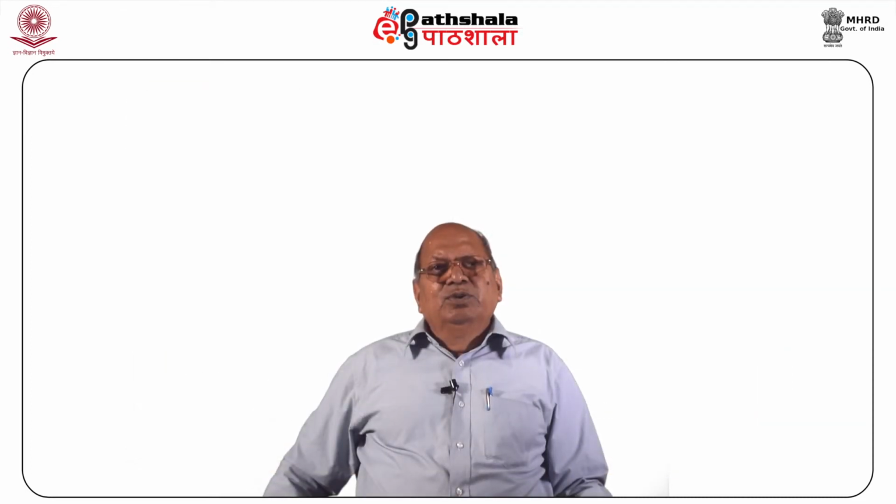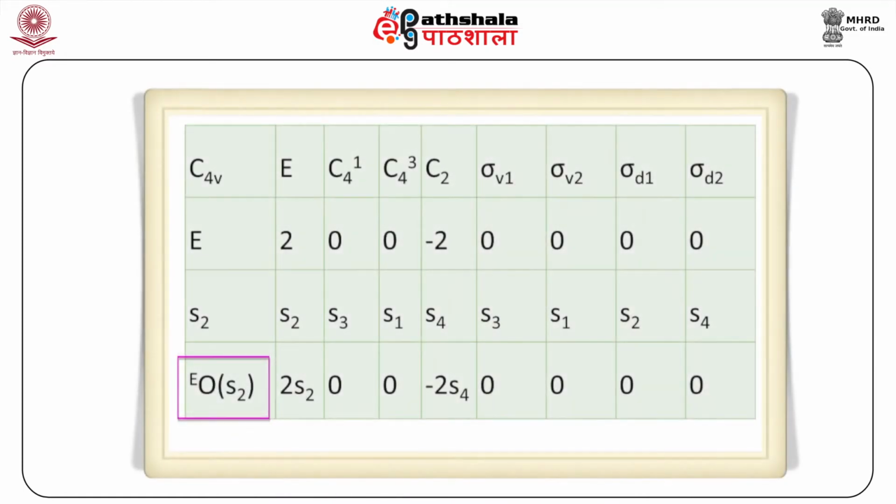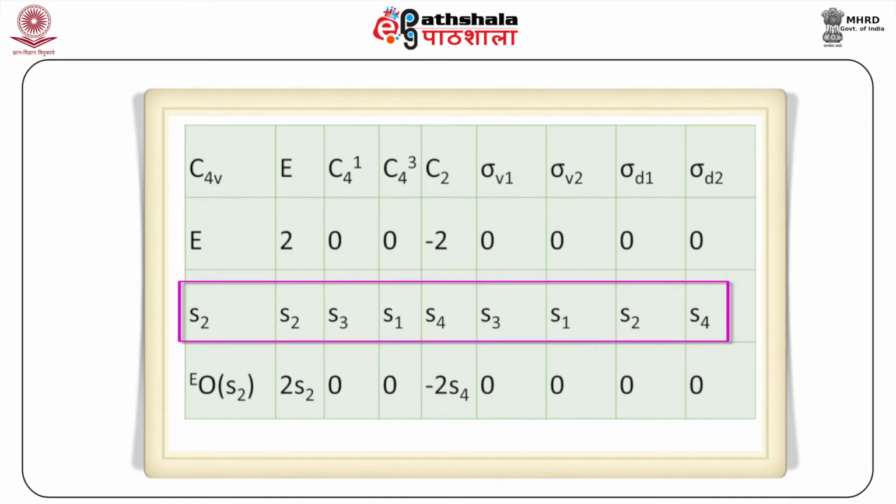Now, if we make use of E on S2, that is the transformation operator corresponding to E and how it operates on S2, we will take up the symmetry operations corresponding to various transformation operators and we will go for the symmetry E. Here again I will take the function S2.